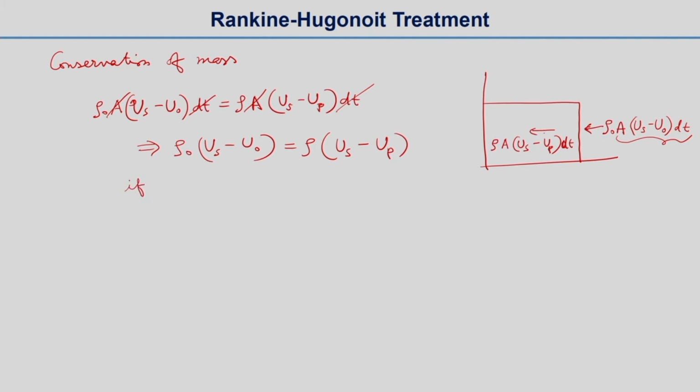If we assume that U naught is equal to 0, that means the material ahead of the shock front is stationary, then this gives us rho naught US equal to rho US minus UP.